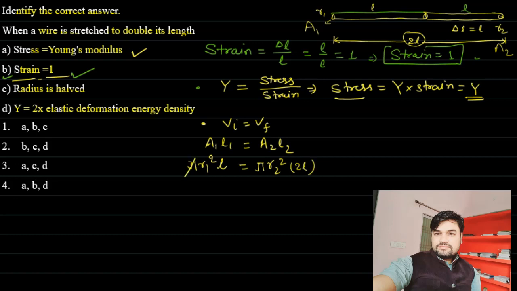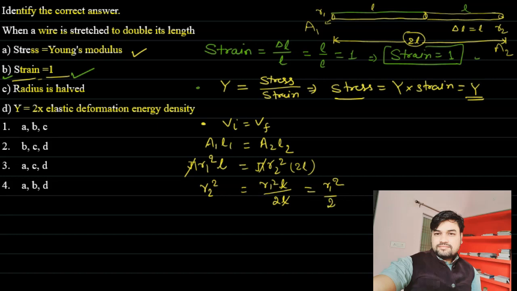So now pi will be cancelled. We have to calculate R2. So R2 square will be equal to R1 square times L divided by twice of L. So L will be cancelled out. We get R1 square divided by 2.